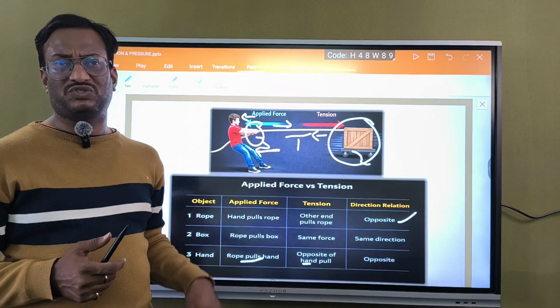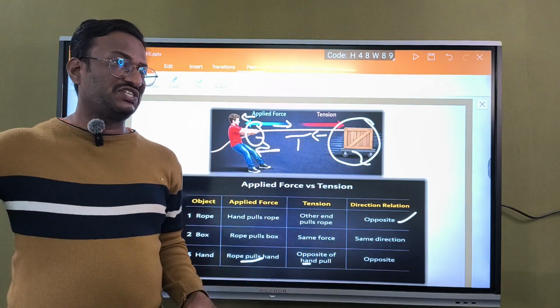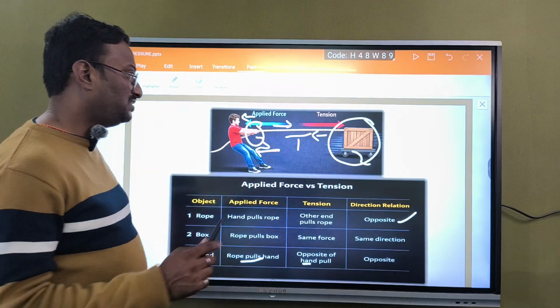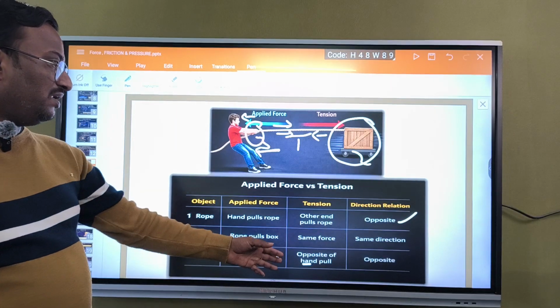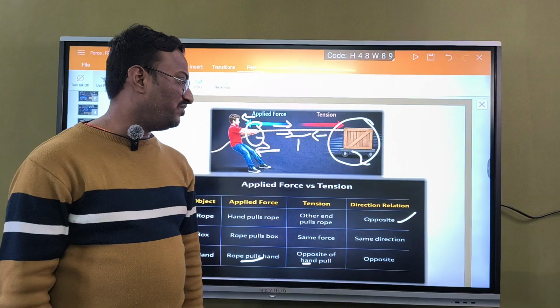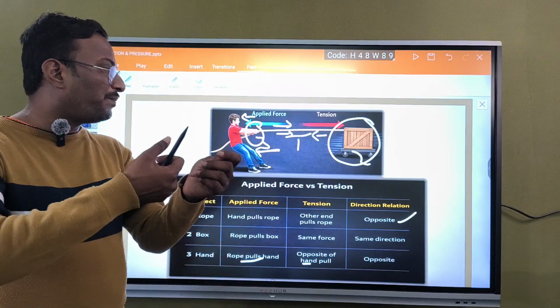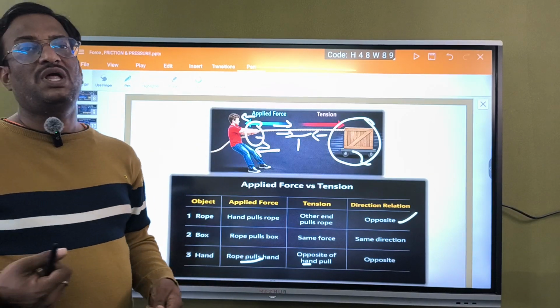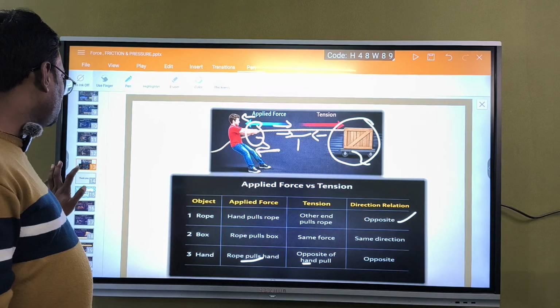Tension is one kind of force which will be opposite to the direction of the applied force, like friction. Right? See now, the tension will be created in the opposite direction here. So the direction relation will be opposite. That is why we have to apply a large amount of force in order to pull the object and the rope there. So this is the concept.